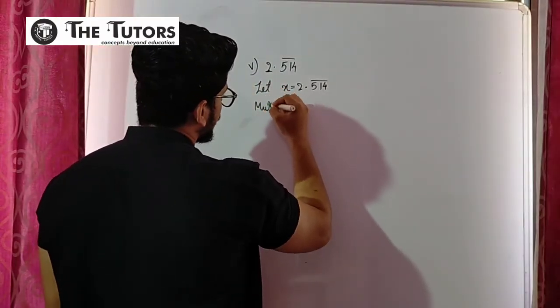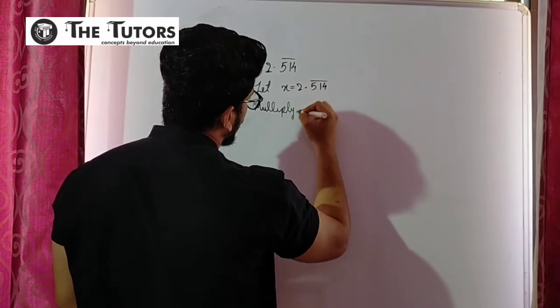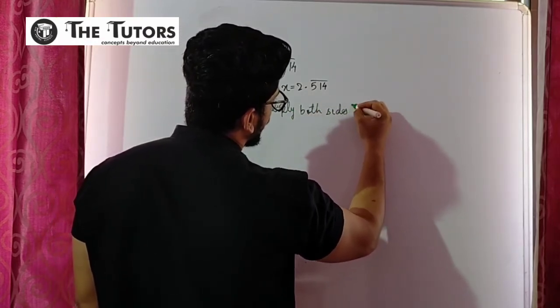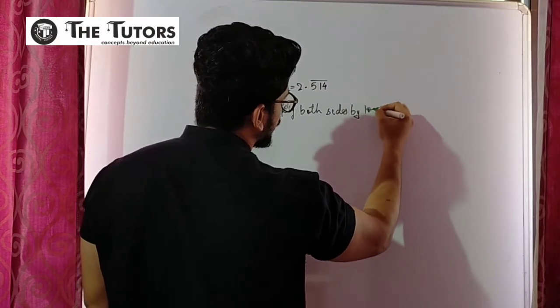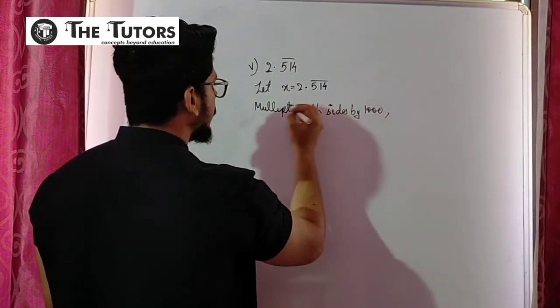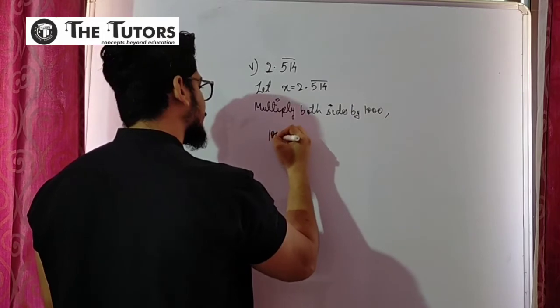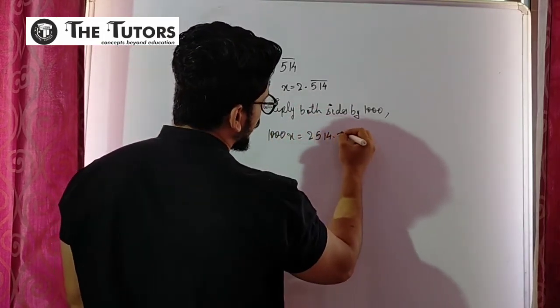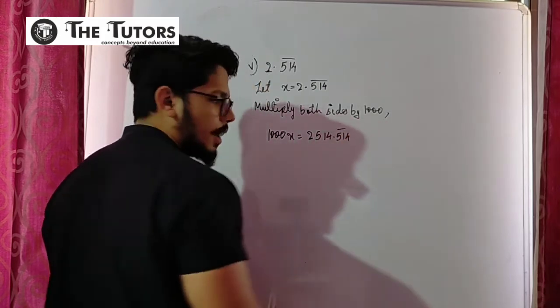Multiply both sides by 1000. You get 1000x is equal to 2514.514 bar. How?